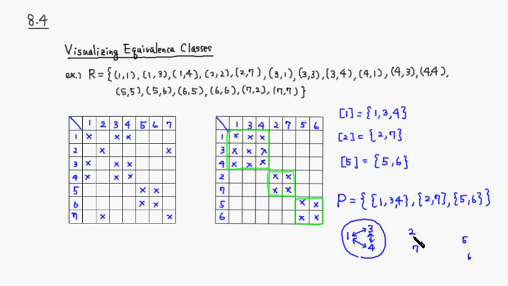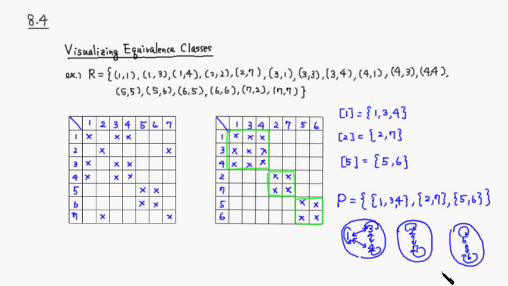Actually, I forgot, 1 is related to itself, and 3 is related to itself, and 4 is related to itself. And 2 is related to 7, and 7 is related to 2, 2 is related to itself, and 7 is related to itself, so that forms another equivalence class. And 5 is related to 6, 6 is related back to 5, 5 is related to itself, and 6 is related to itself.